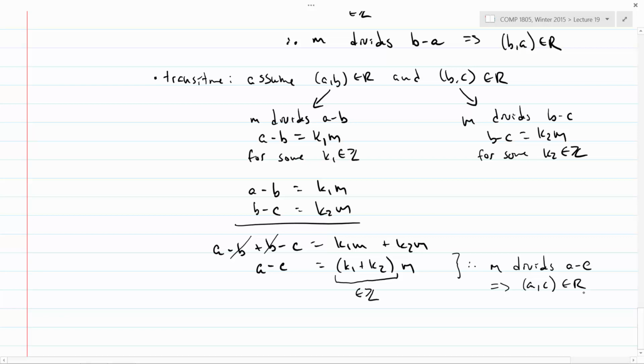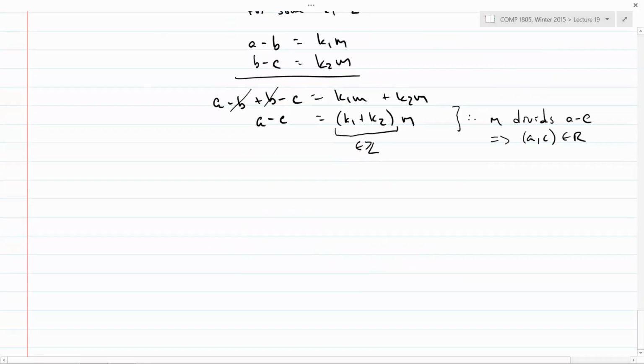So let's see some more examples. Here's another one. I want to know, is the divides relation on the integers an equivalence relation?